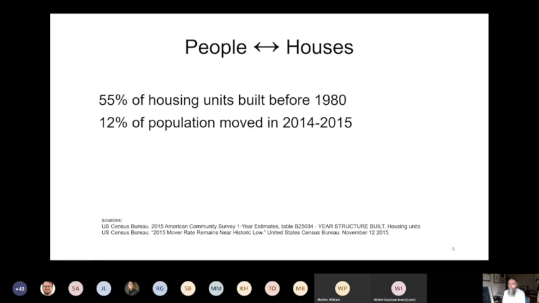The other thing about houses is they're old. About half of the housing units in this country at least were built before 1980, before all these plumbing codes really started kicking in.